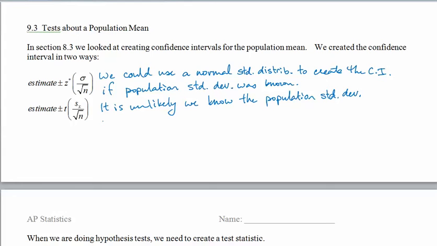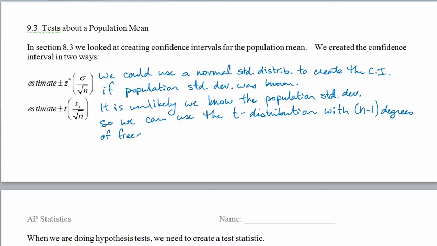So we can use the t-distribution with n minus 1 degrees of freedom and the sample standard deviation, Sx.